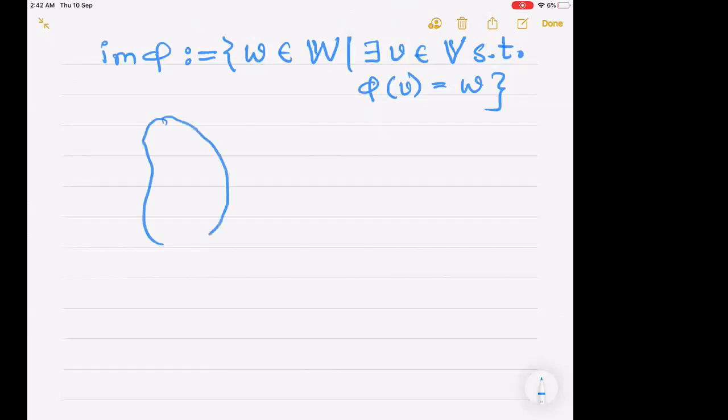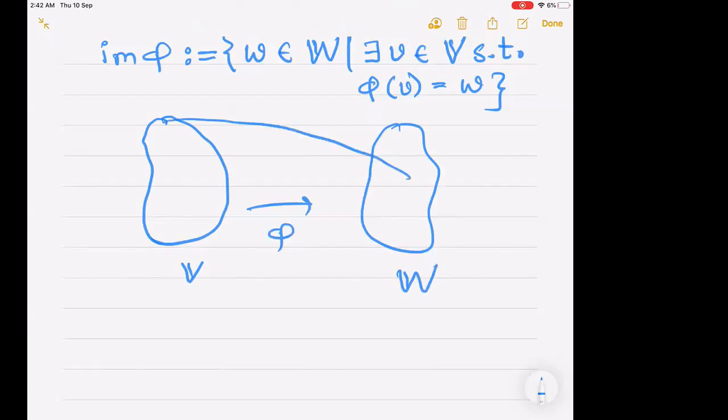Pictorially it would look something like this. Suppose this is my vector space V, although I hate drawing these pictures, as they can give misleading pictures. And suppose this is the linear map phi, then this whole space, wherever it gets mapped to, that's the image of phi.